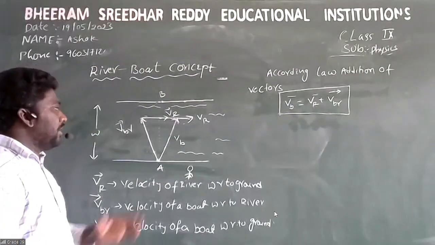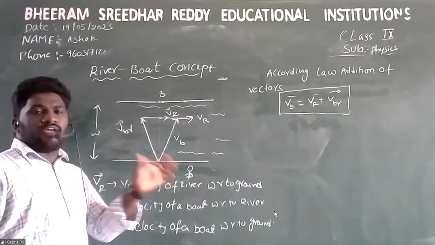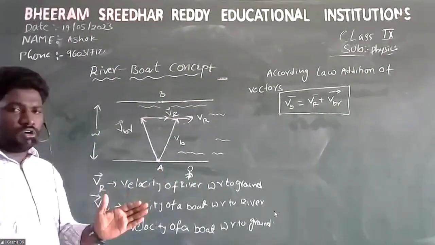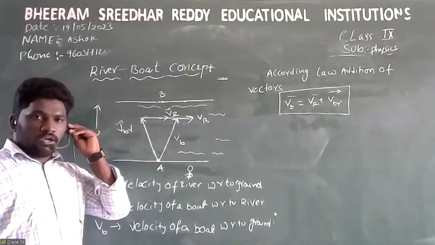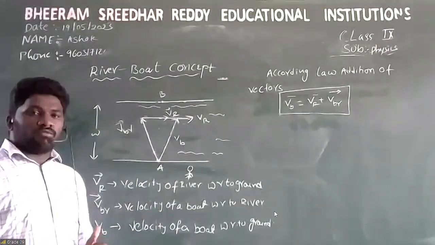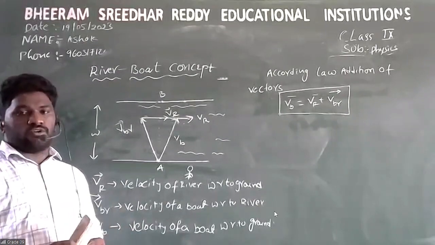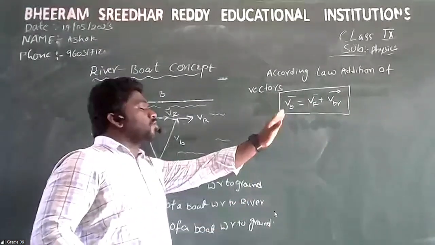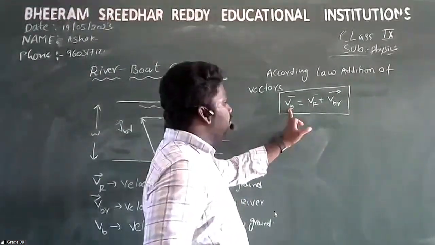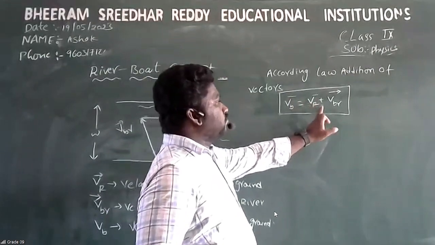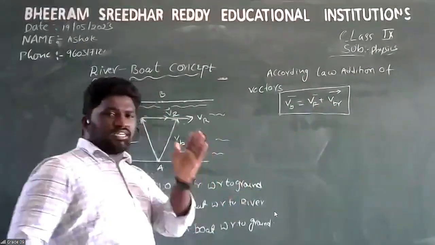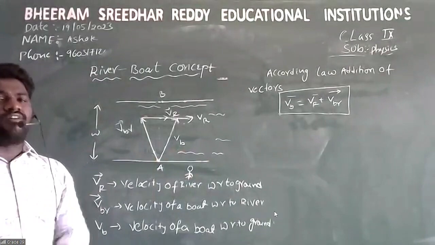Now here, the motion of a river and the motion of a boat are both two-dimensional motion. We are talking about the relative motion of a body in two dimensions. That's why we have to discuss the velocity of a boat, VB bar equals VR bar plus VBR bar, in two directions: one along the horizontal direction, one along the vertical direction.